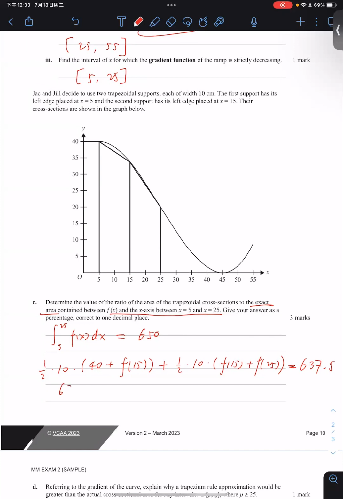So that would be 637.5 out of 650. You have to multiply by 100% because the question is looking for a percentage, and then round to 1 decimal place. So if you do the division between the two numbers, you're looking for correct to 3 decimal places. And finally, the answer would be 98.1%. All right, 98.1%. All good?